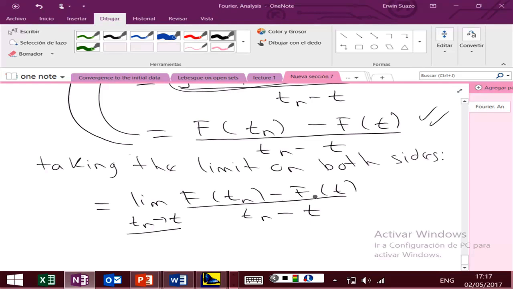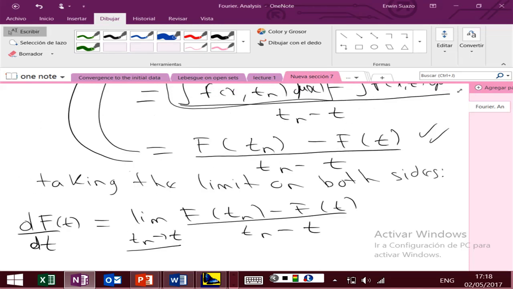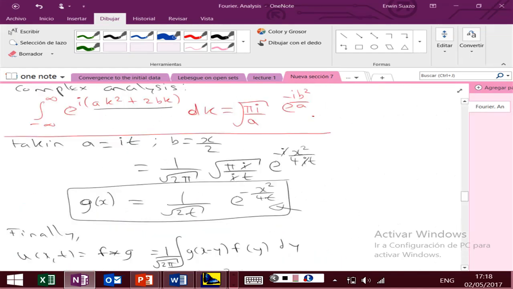So what is this? That's the derivative of capital F with respect to t, of t. That's just the calculus 1 definition, right?